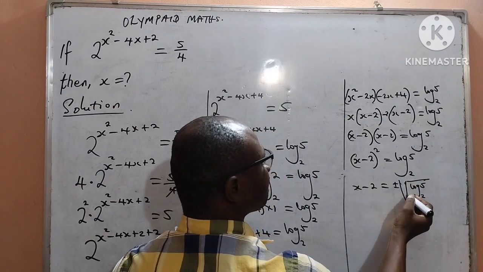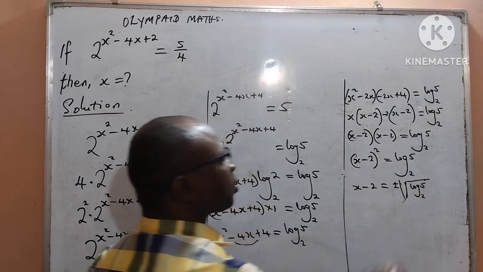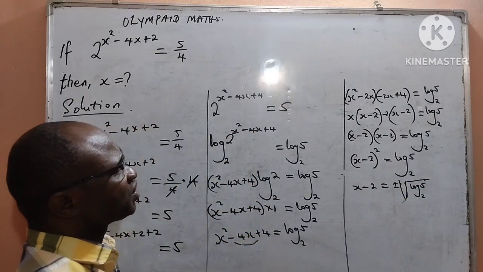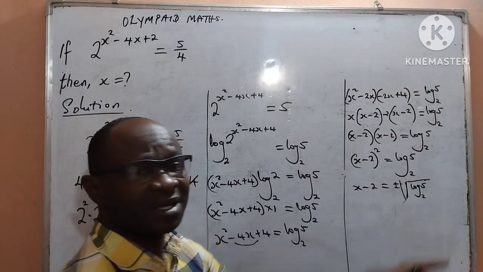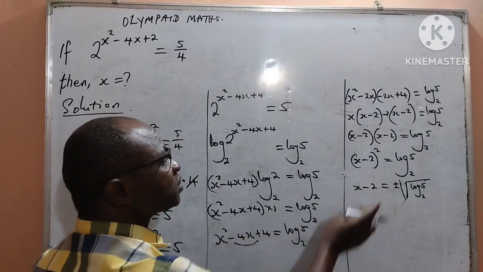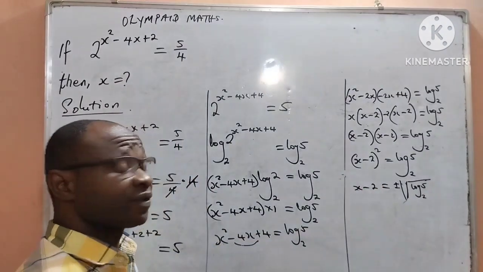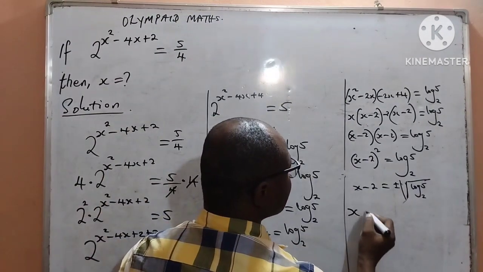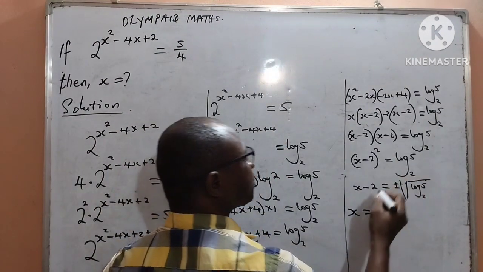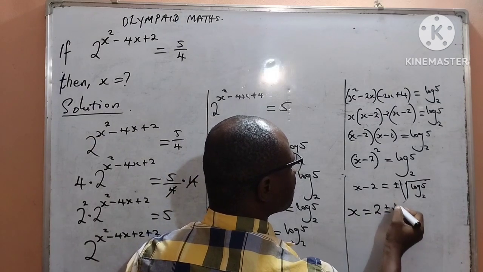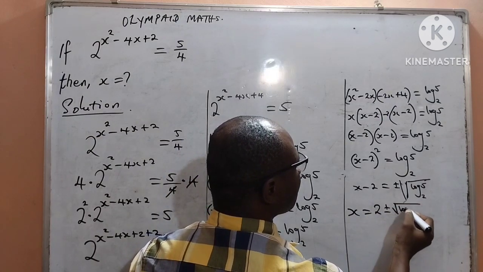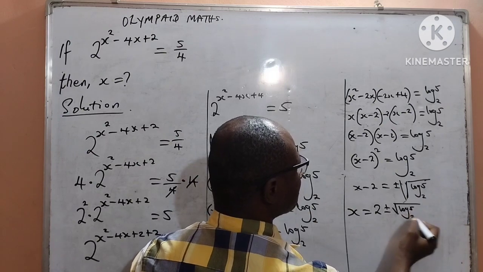When the square root is taken, plus or minus will now come in. Next is to move this minus 2 from the left hand side to the right hand side, so that I will now be left with x, and that is what I am solving for. Therefore, I have x equal to minus 2 coming to the right hand side becomes 2, then plus or minus the square root of the logarithm of 5 base 2.